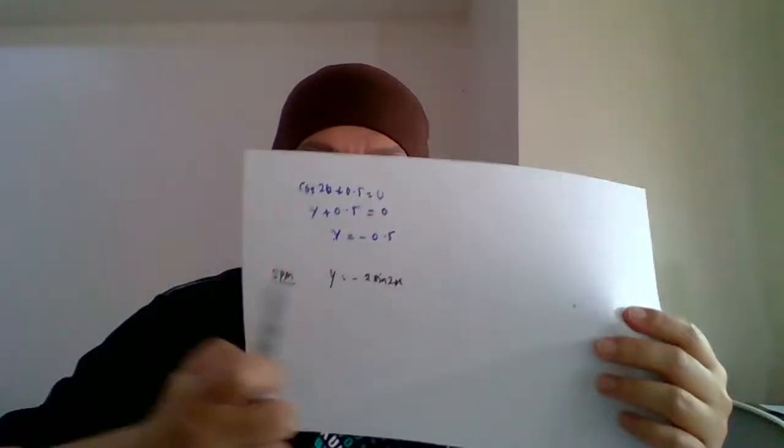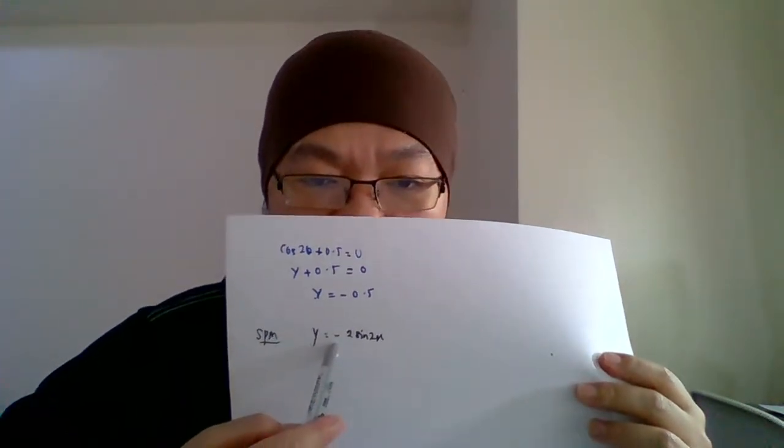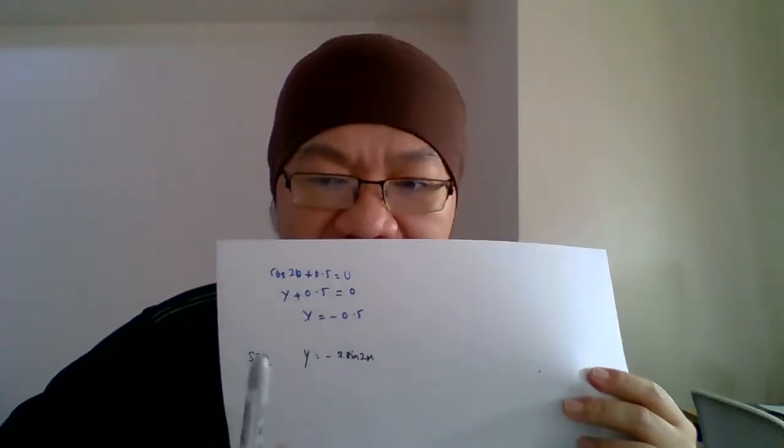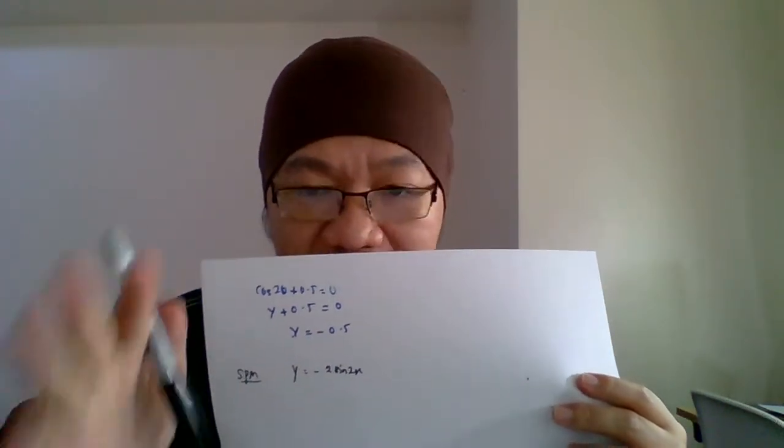Okay, to sketch the graph of this, don't bother about the negative, don't bother about the 2, just look at the sine 2x first. Sine 2x means sine 2 theta, double angle. So that means there are 2 complete oscillations. 1, 2.